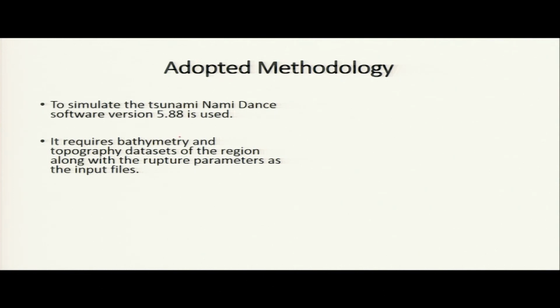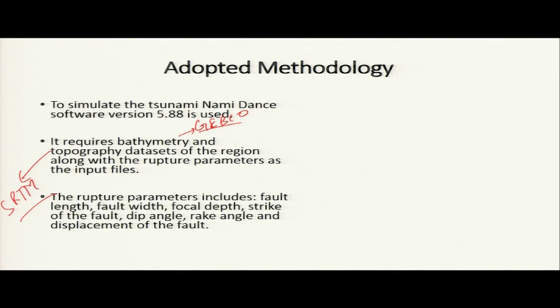This bathymetry map I downloaded from GEBCO, and this topography data set I downloaded from Earth Explorer USGS. It requires bathymetry and topography data sets of the region along with the rupture parameters as the input file. So, first we input these two files in the NAMI DANCE software, and then we generate the rupture file.